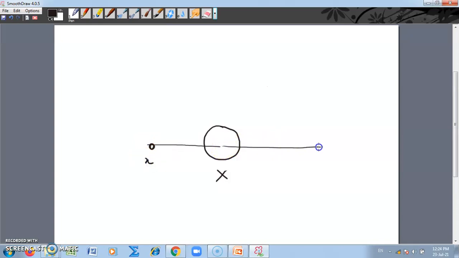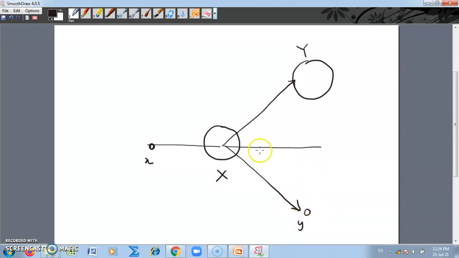Then this target nucleus breaks up, becomes something else, and I have got a nucleus Y, and this is the product particle, which is small y, and this angle was theta. This is the angle of scattering of the product particle.